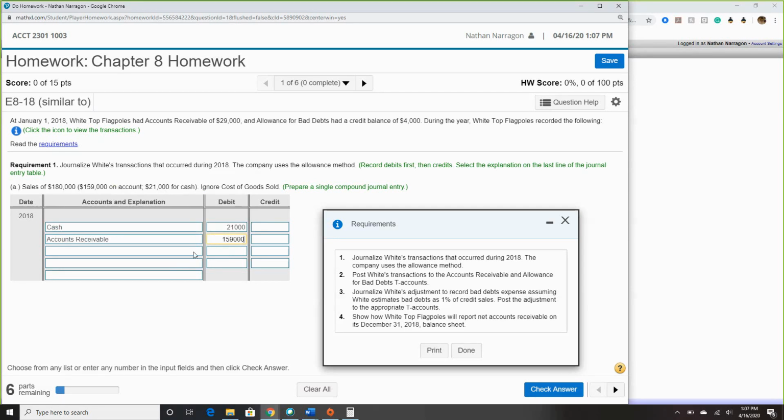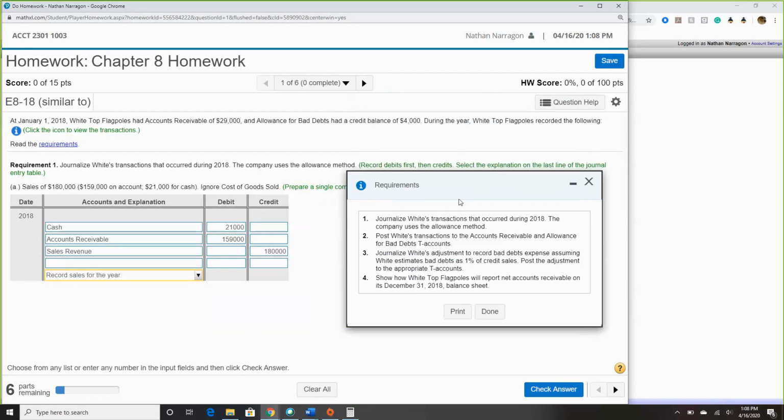Okay. Now, our credit would be sales revenue because it is sales. And of course, they want to record sales for the year.